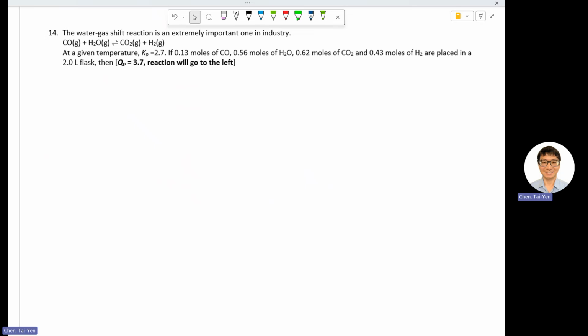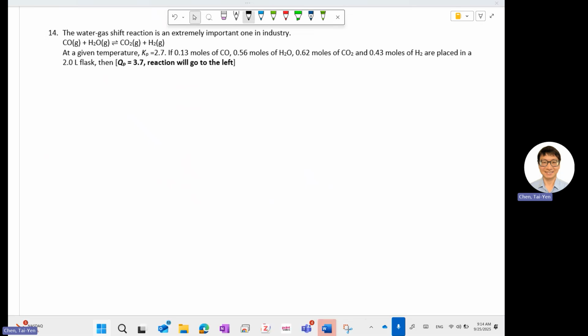Therefore, you need to know how to calculate your Q and calculate your K. If your Q is larger than K, that means you have too much product, so you move to the reactant side. On the other hand, if your Q is smaller than your K, that means you don't have enough product and you move to the product side. So those are the things you should have in mind every time you see this Q and K type of question. It's plain.